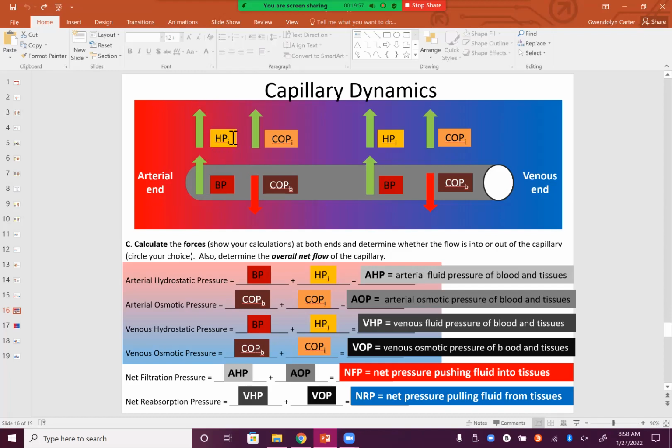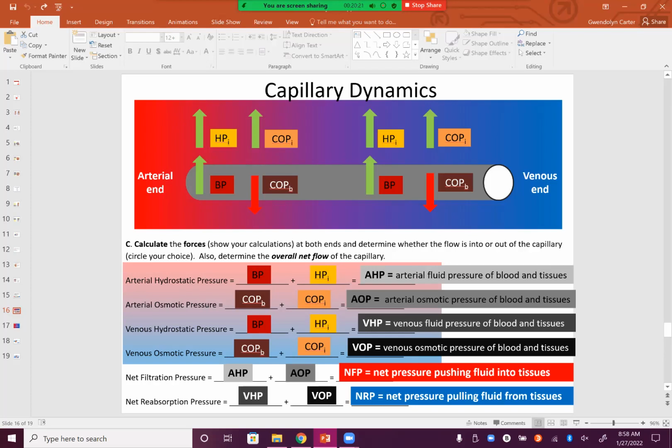Remembering our hydrostatic pressure of your interstitial or tissue fluid, even though it's a negative number, the negative is showing you that it's also drawing fluid out of the capillary. So it's working like a vacuum. So ignore the negative number and just add whatever number to blood pressure, because it's helping to move fluid out of the capillaries. Okay, so add when they're going in the same direction, subtract when they're going in opposite directions.